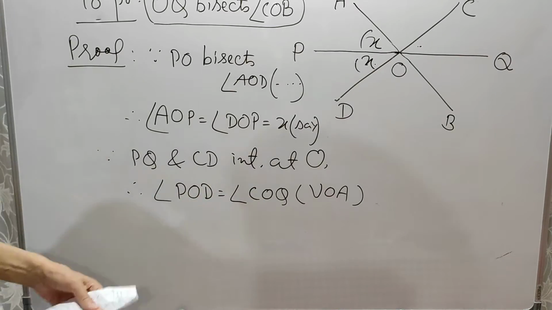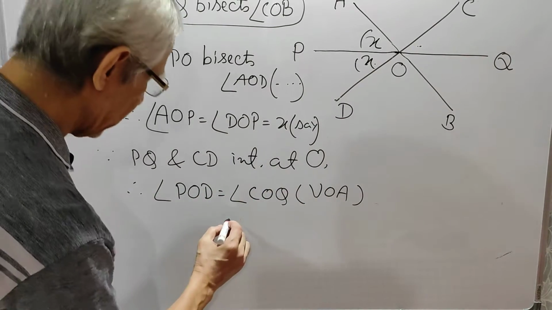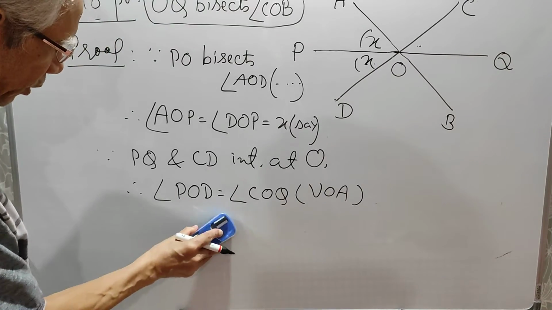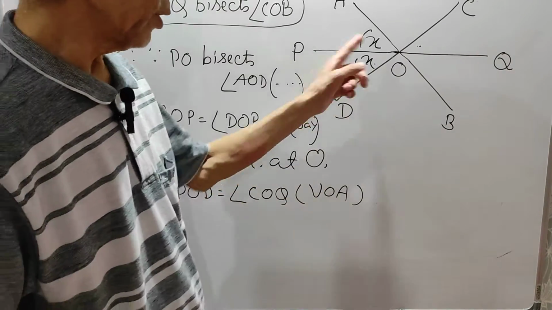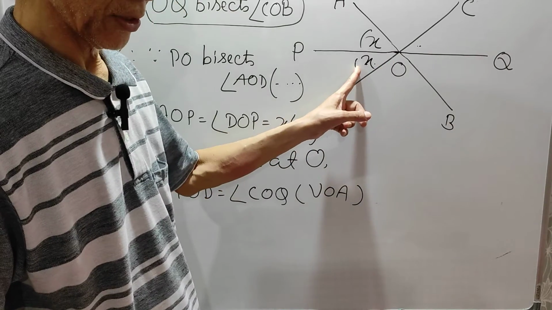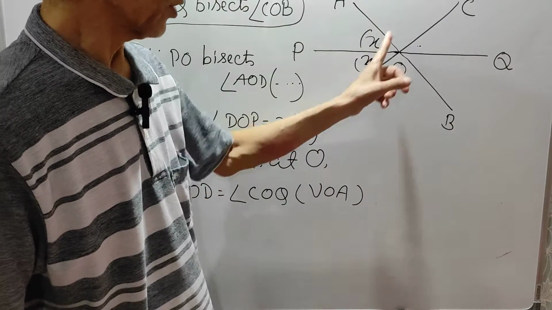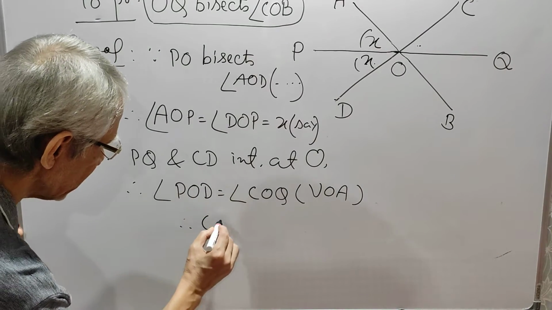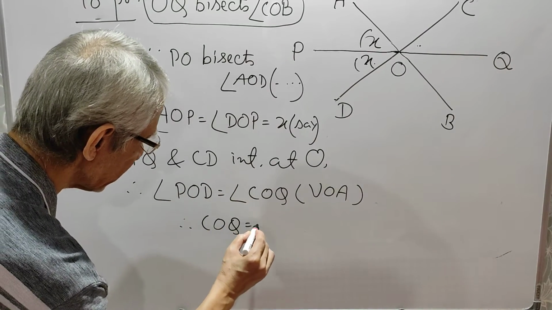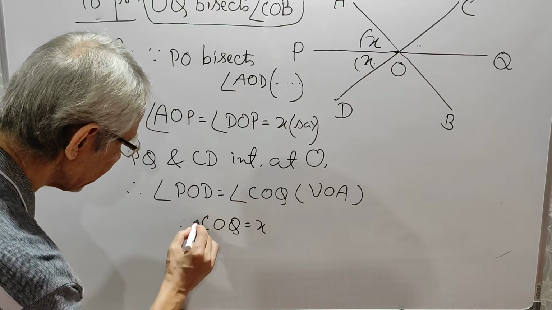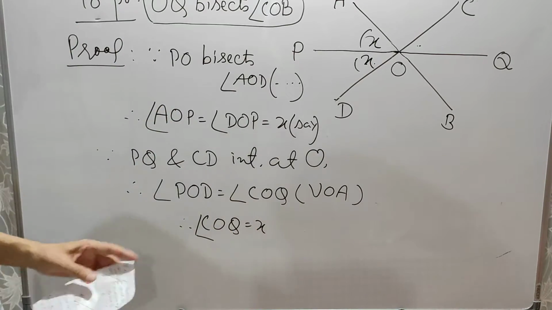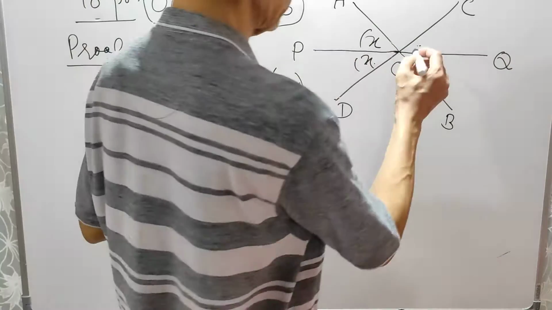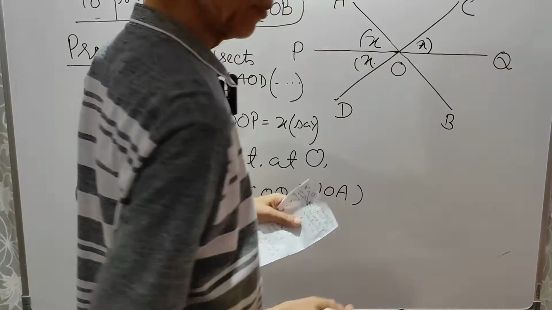Now POD is X, so COQ will be X. Therefore COQ equals X.